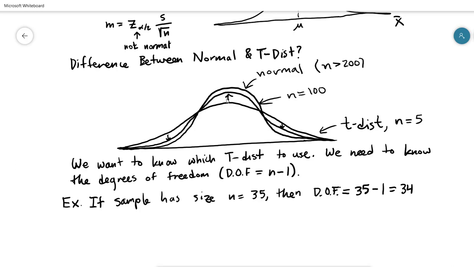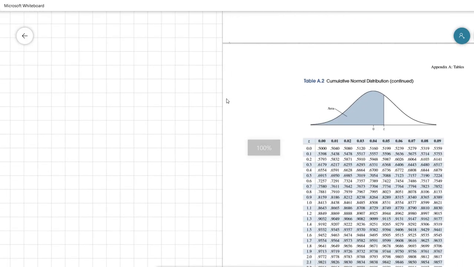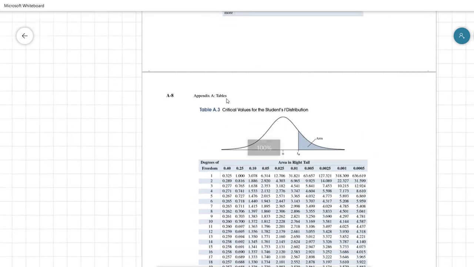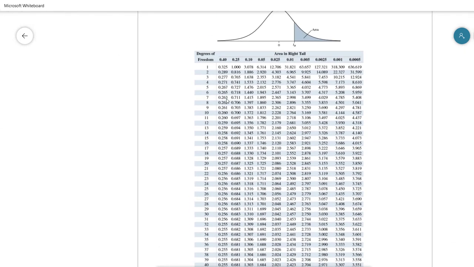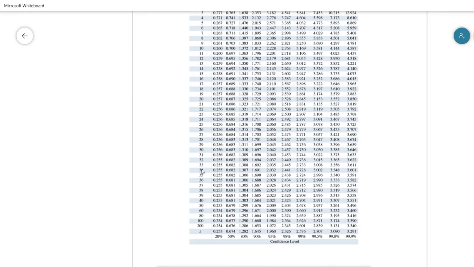And on our table over here, when we got to that problem, what we would use is this row labeled 34. That is our degrees of freedom. These numbers only in this row would be the relevant numbers to our problem.